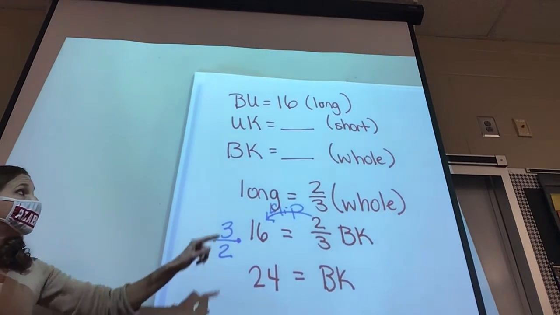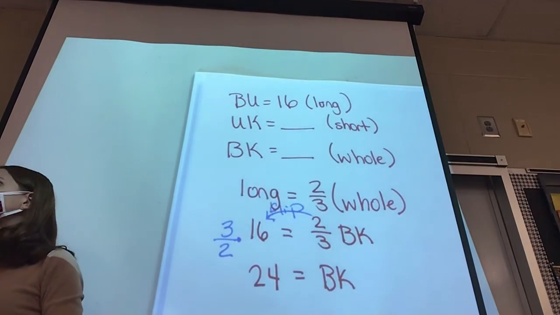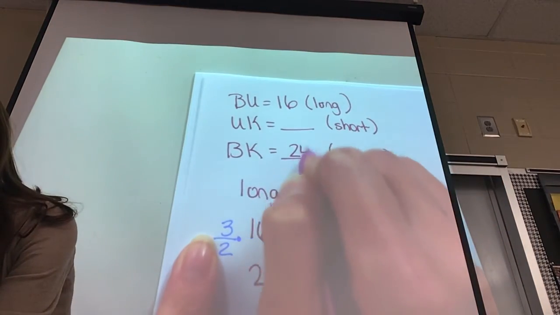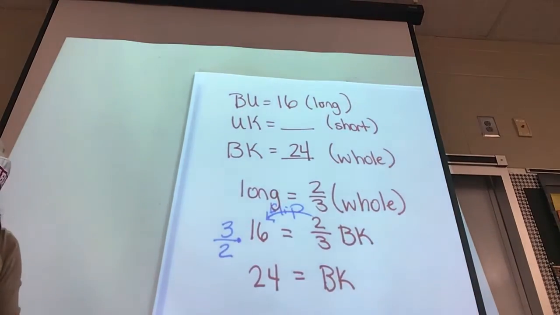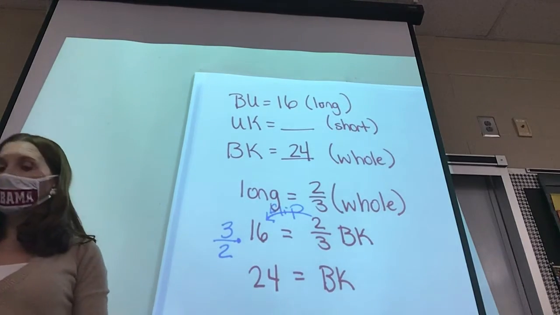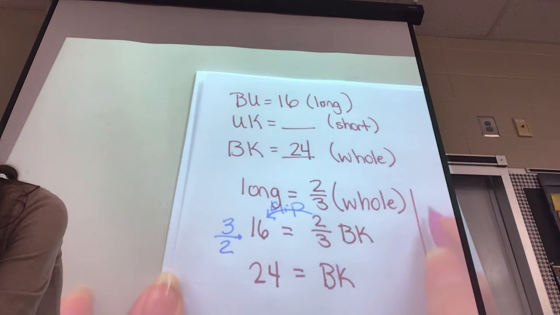Now that we know BK, which is the whole, how are we going to find the short piece? Now that I know this is 24, how do I find that missing one? 24 minus 16. I just subtract it. So all I'd have to do to find the other one is just 24 minus 16.